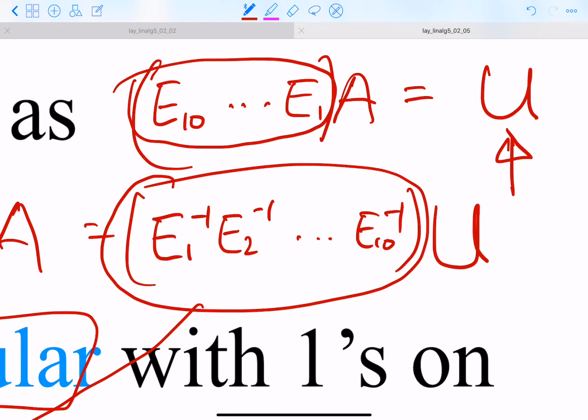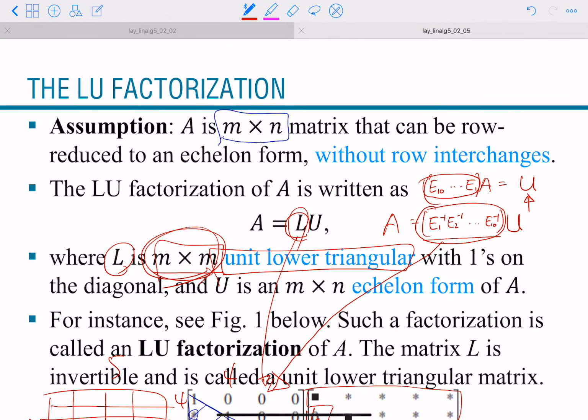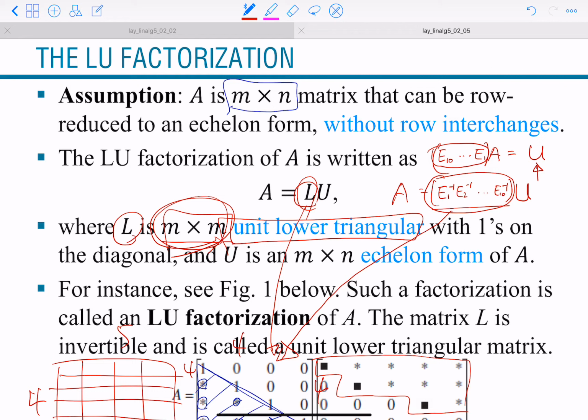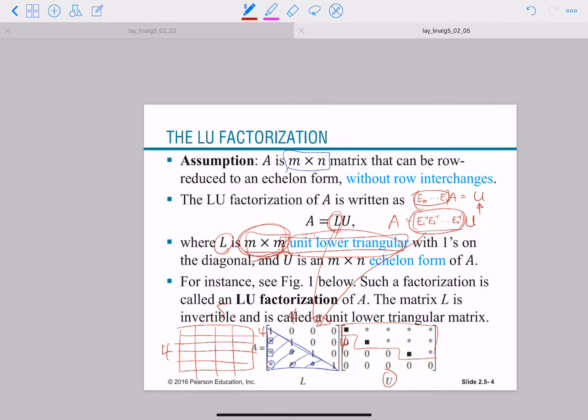So the size will not be a problem. The remaining question is whether this product can be represented as a unit lower triangular matrix. That is the interesting part that we will study, along with how to mechanically obtain the LU factorization.